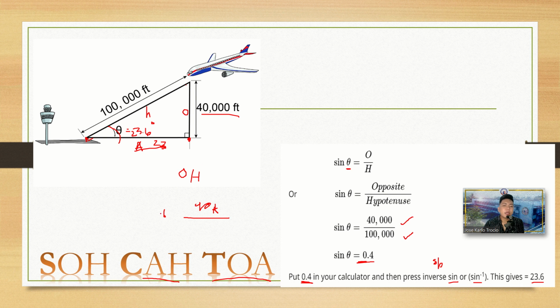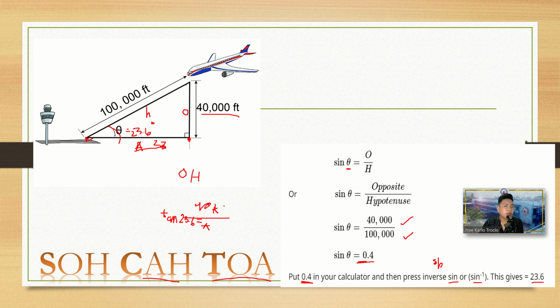Tangent of theta is 40,000 divided by the adjacent, which we do not know. We are looking for this, and we know that the theta is already 23.6, right? So it must look like this now: tangent of 23.6 is equal to 40,000 over the adjacent.